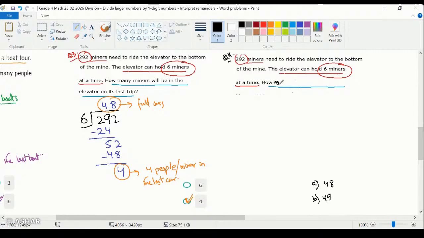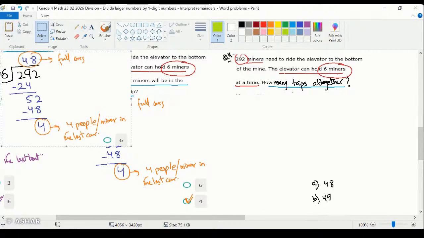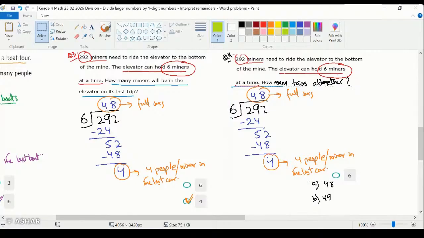How many trips were there altogether? So now we know, as per the previous question's information, we have this information, right? I'll just copy it over here. I'll just remove this part. This was the working that we did previously, right?